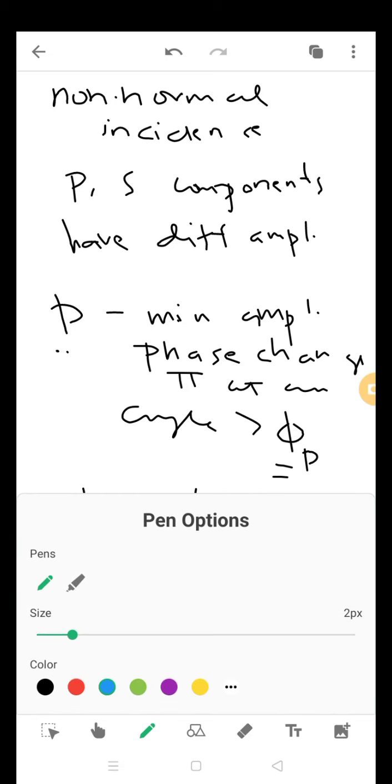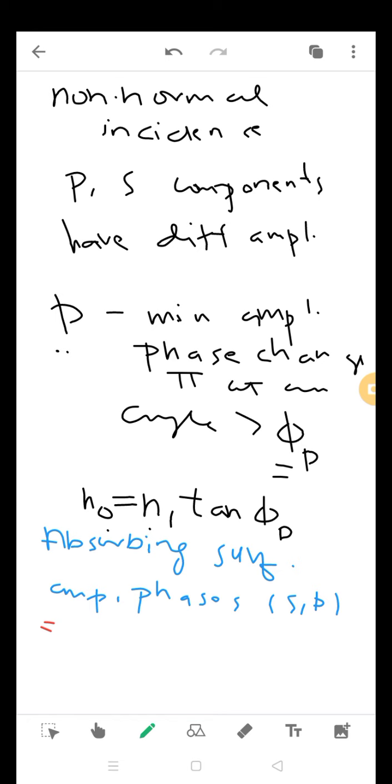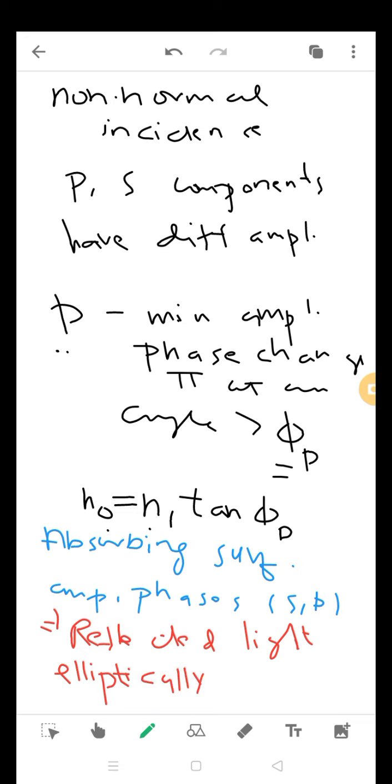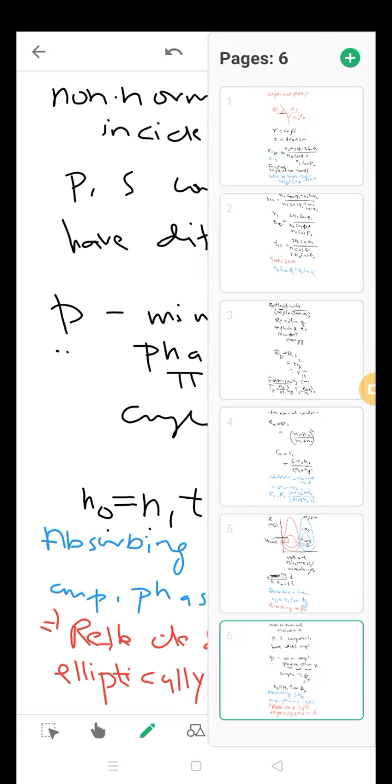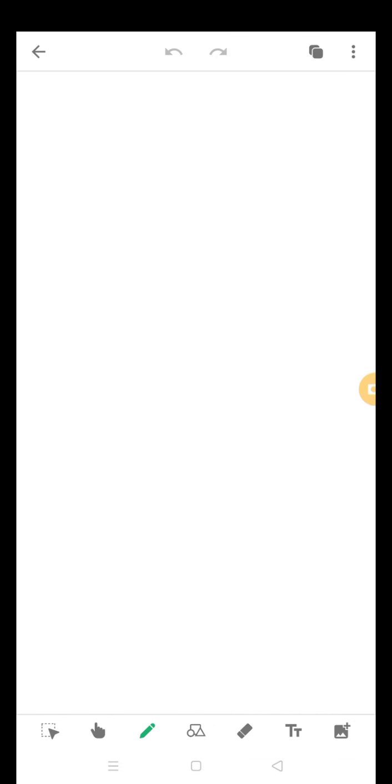Therefore, it implies that the reflected light is elliptically polarized. Therefore, it can also be written in a special way for absorbing surface and for elliptical polarization.